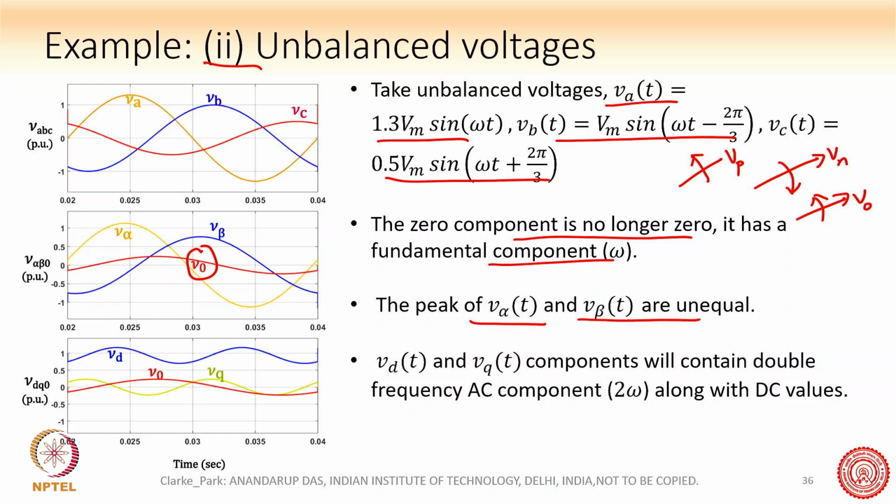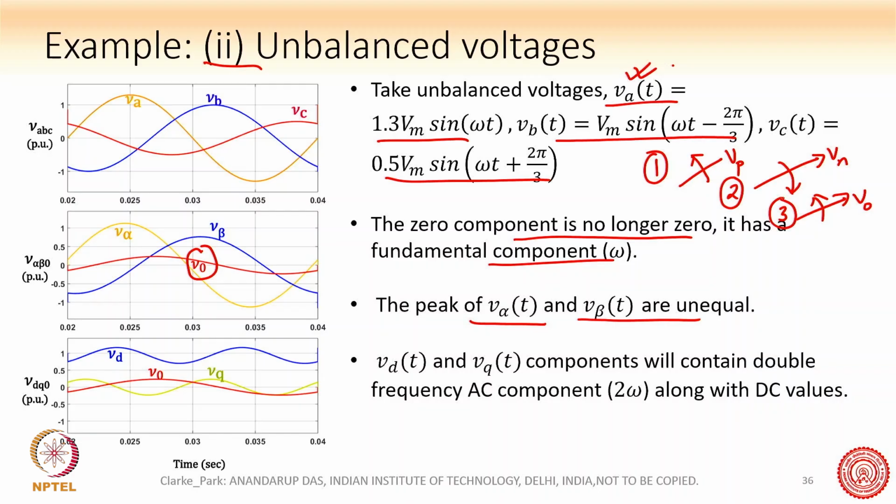Why are they unequal? Because if you see the space vector, as I told you, it has a positive sequence space vector, a negative sequence space vector, and a zero sequence space vector.